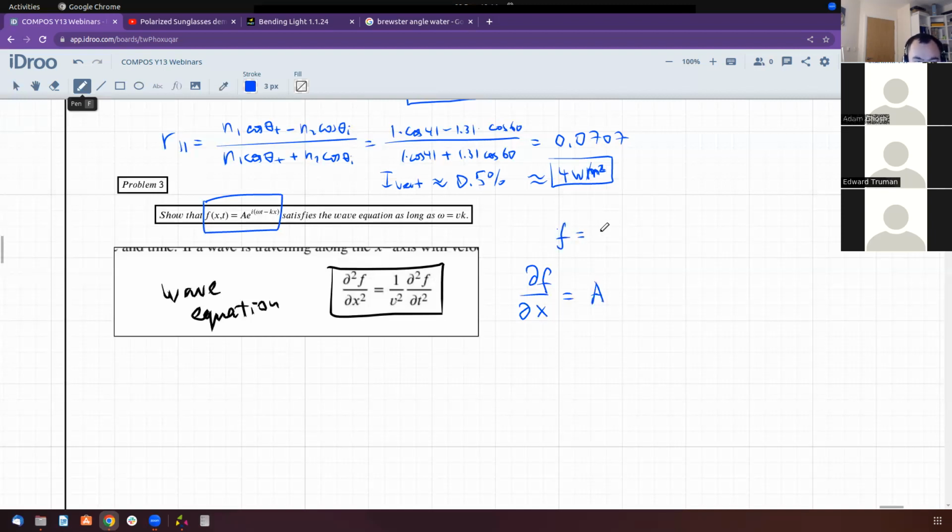So f is a e^(i(omega t minus kx)), a complex function, and df/dx is a multiplied by minus ik multiplied by e^(i(omega t minus kx)).